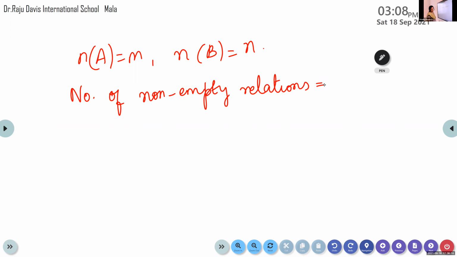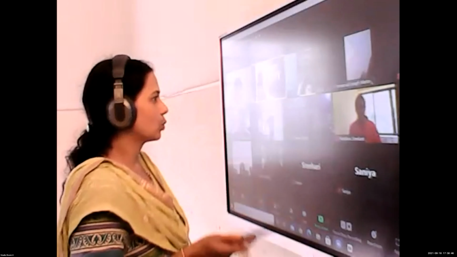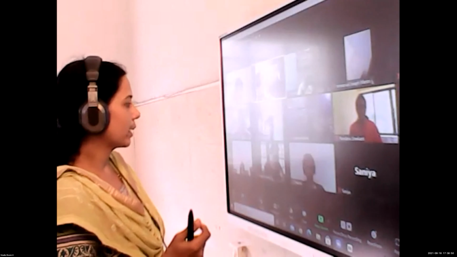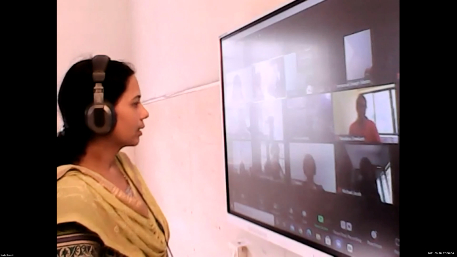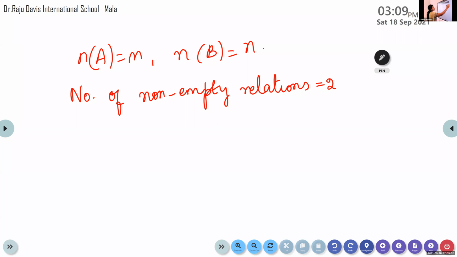If n of A is m and n of B is n, then the total number of non-empty relations is 2 raised to mn minus 1. 2 raised to mn is the number of relations, but non-empty means that the empty relation you can leave out. So you'll get 2 raised to mn minus 1.